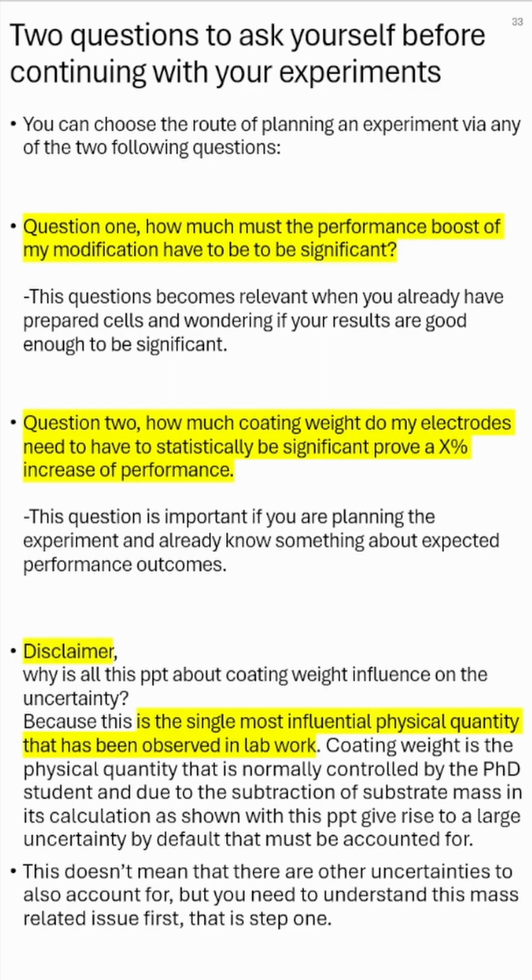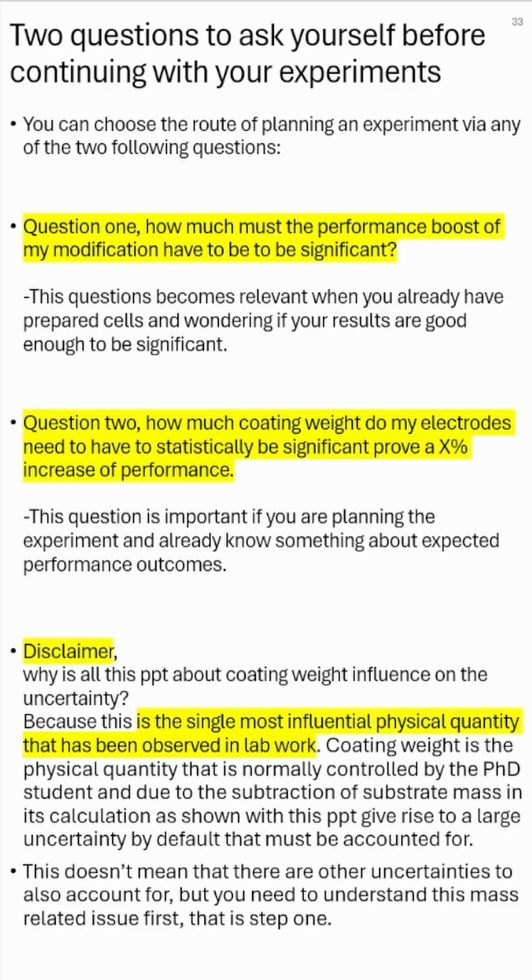So if you know that these materials you're working on are expected, perhaps from theoretical calculations, to give a performance increase of 10%, then the question becomes valid here. So how thick a coating do you have to have to give you that kind of low uncertainty in your measurement to be able to say statistically that those 10% you see in the data is actually true?